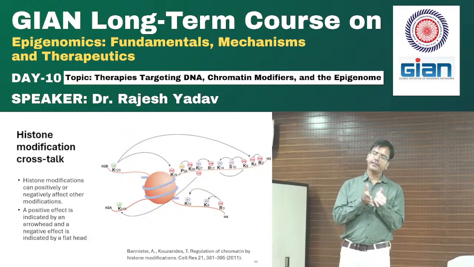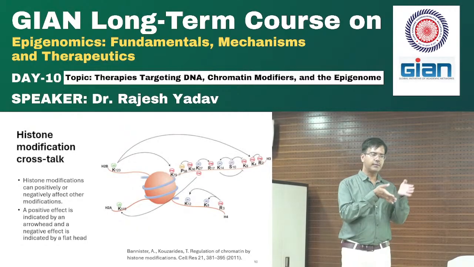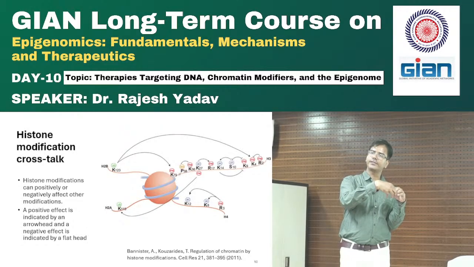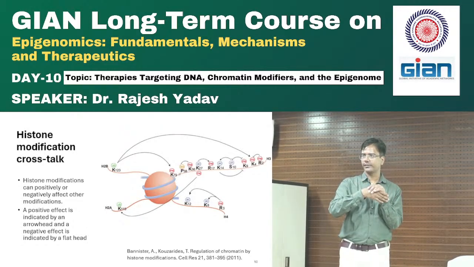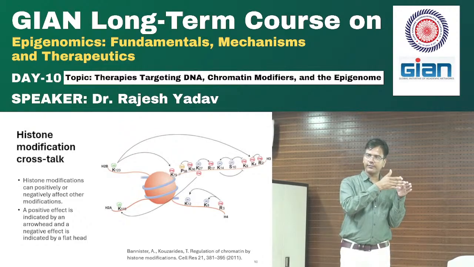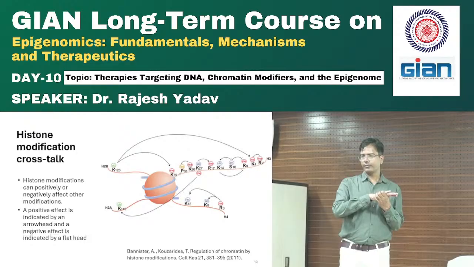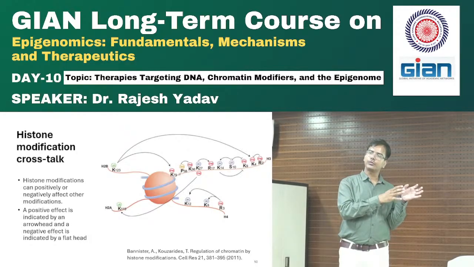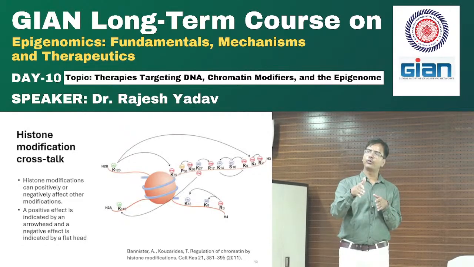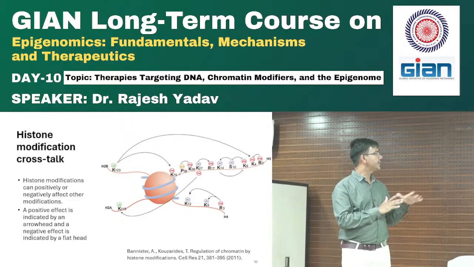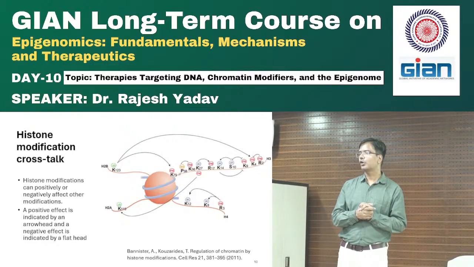Or in facultative heterochromatin, at some stage the gene will be silenced, it will get the environmental signal, it starts expressing. So how will you transition from a repressive environment to an expressive environment? Means transcription to no transcription, or no transcription to transcription. How are you going to do that?